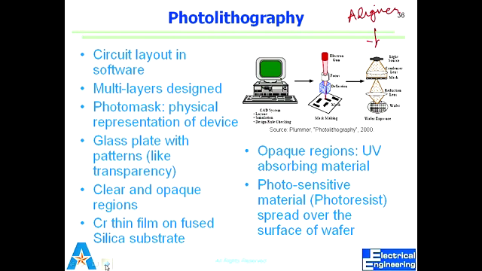So there are different wavelengths that we use. At that wavelength, that photoresist material which is coated on that wafer undergoes chemical changes, just like photographic paper, right?